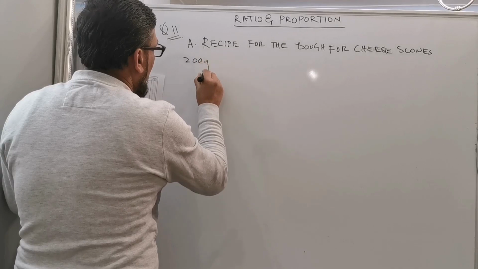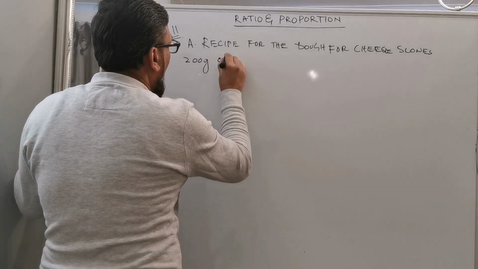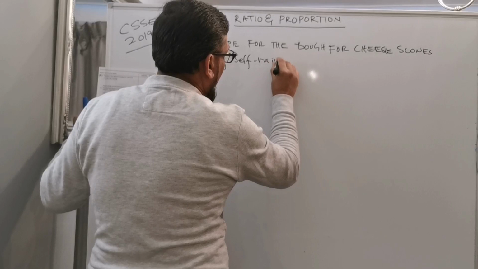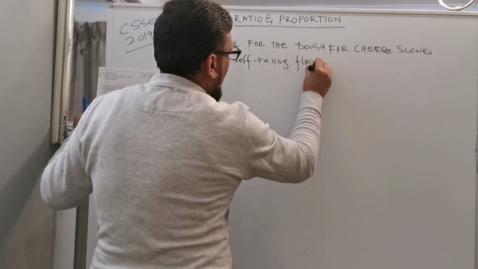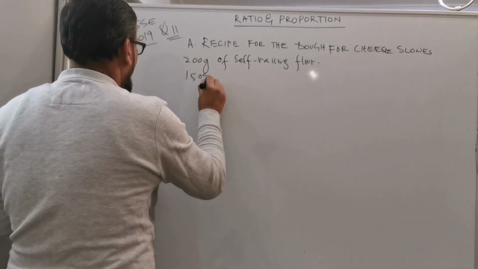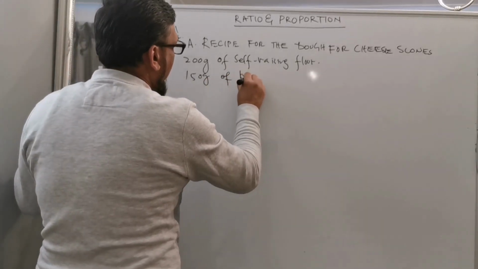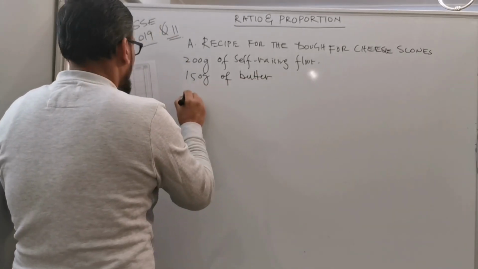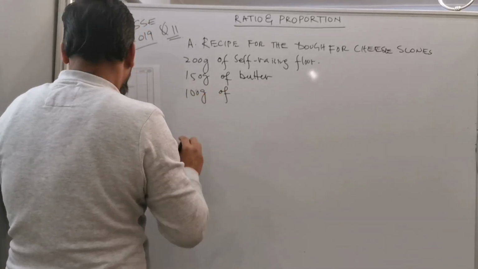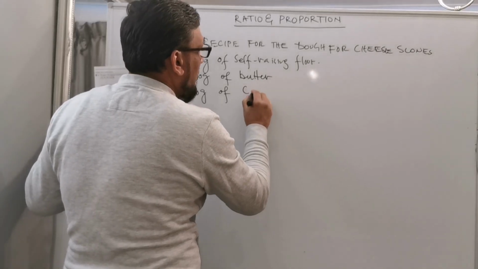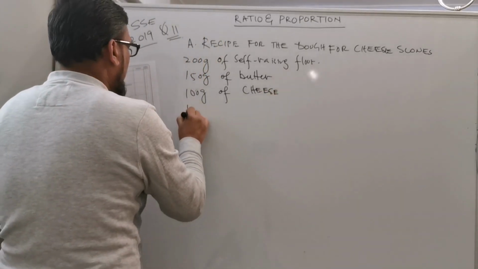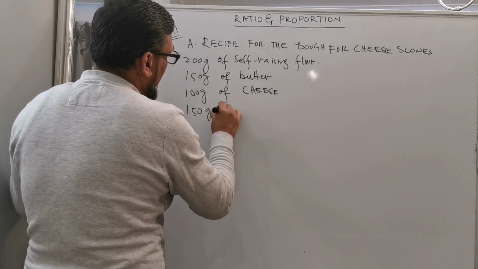200 gram of self-raising flour, 150 gram of butter, 100 gram of cheese, and the last is 150 gram of milk.